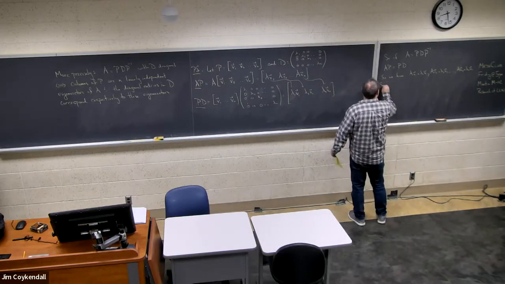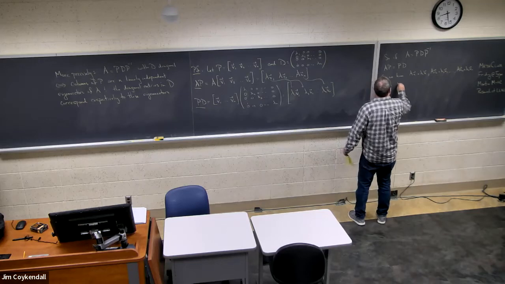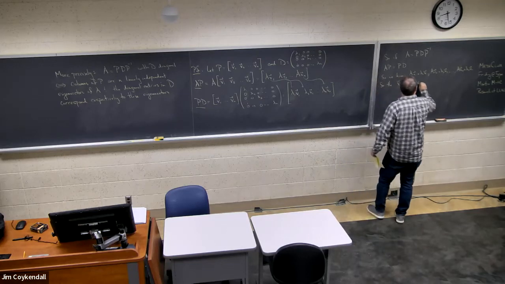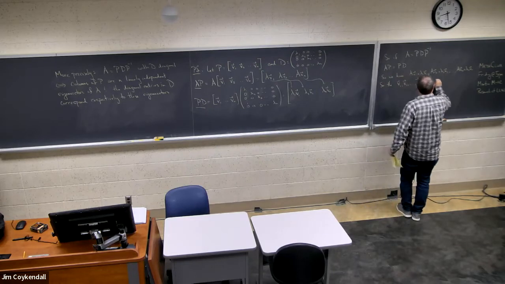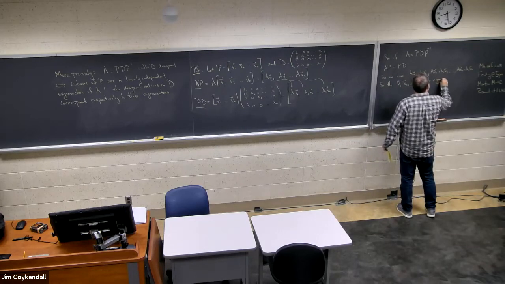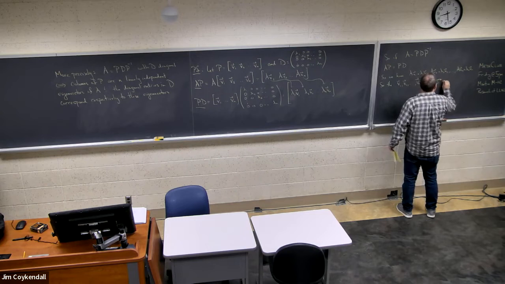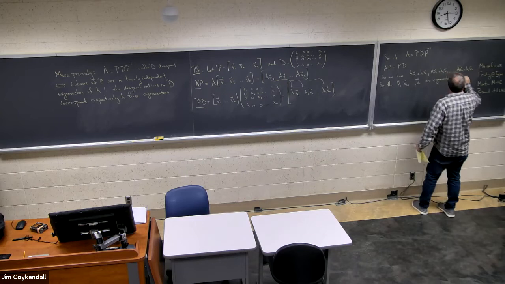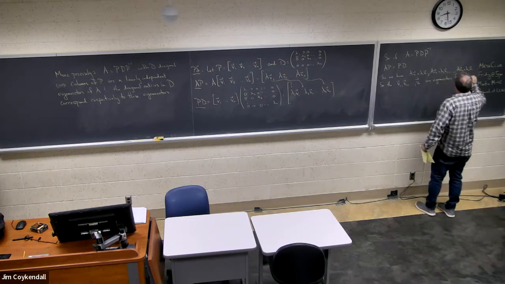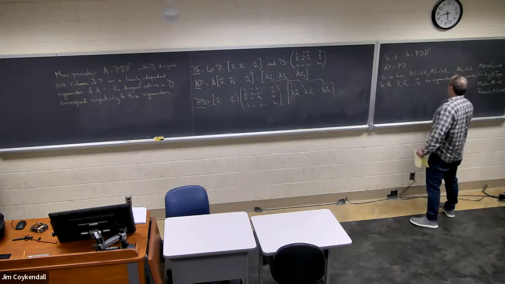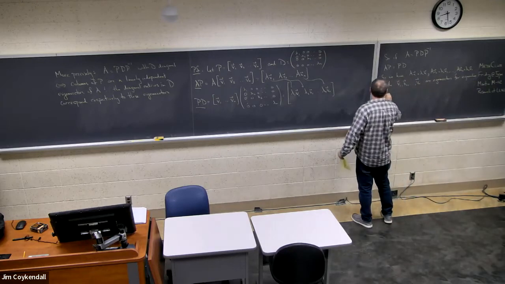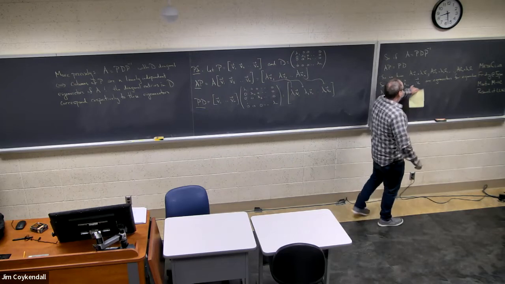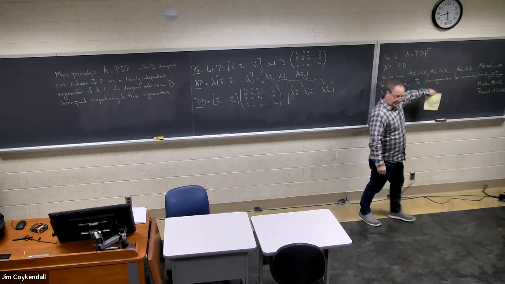So the b1, b2, ..., bn are eigenvectors for eigenvalues, respectively, lambda 1, lambda 2, ..., lambda n, because that's what it means to be an eigenvector.